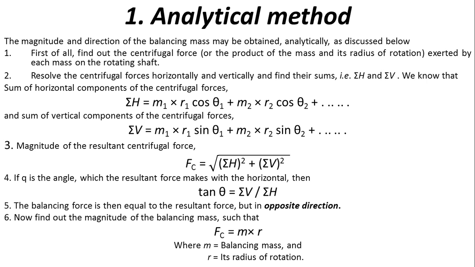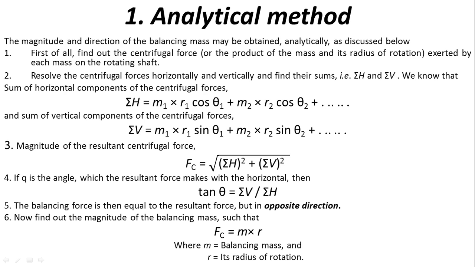Second, you have to resolve the centrifugal forces horizontally and vertically, that is, the summation of H and the summation of V. The summation of H is taken from the cosine components: m1 r1 cos theta 1 plus m2 r2 cos theta 2, and so on, up to m4 if there are 4 masses.